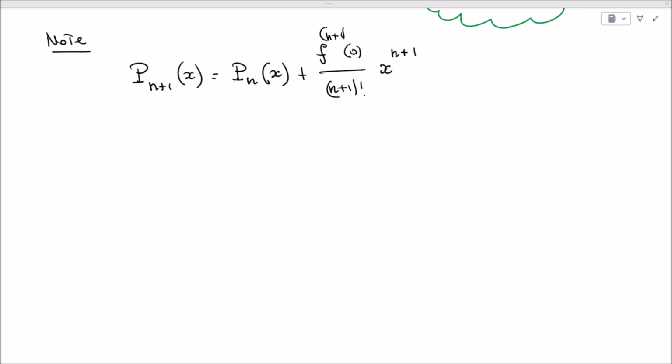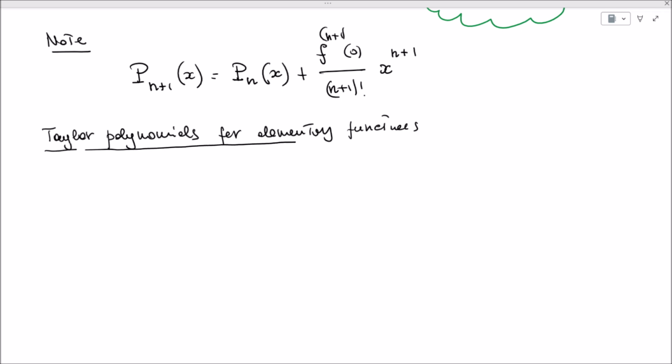Now that we know what is the general form of the Taylor polynomial, let's provide some Taylor polynomials for elementary functions. For the time being, we just provide the Taylor polynomials, and later on we will give the proof of these.